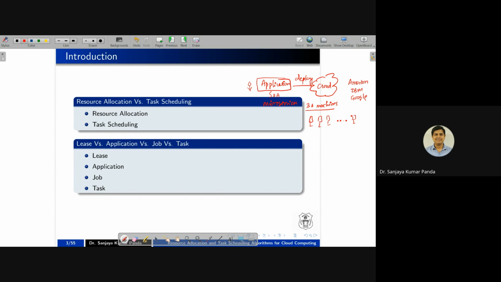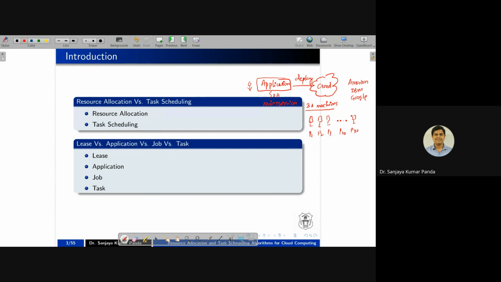You have decided that part one is going to execute in this machine, part two is assigned to this machine, part three in this machine, let's say P10 is in this machine, P30 is in another machine, like that. So you are making an ordering to dispatch your tasks, or modules, to these resources. When ordering comes into the picture, we refer to that as task scheduling.